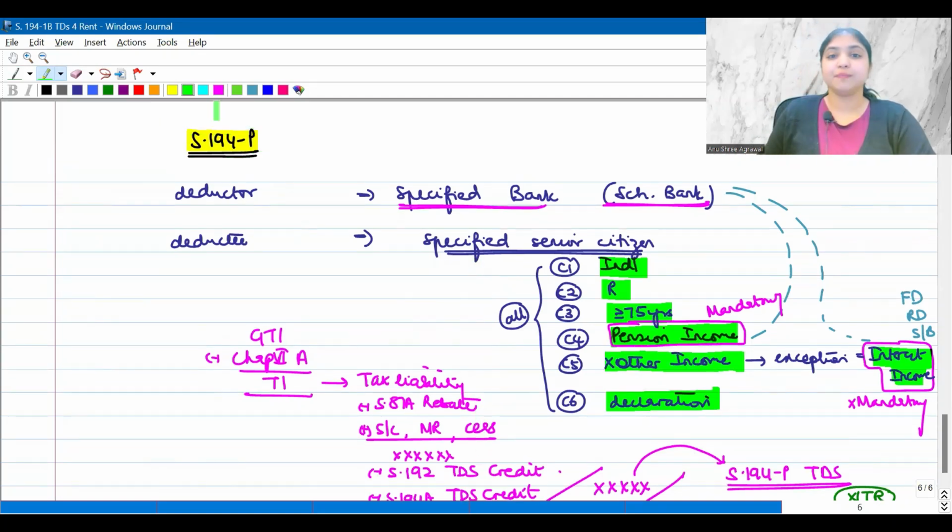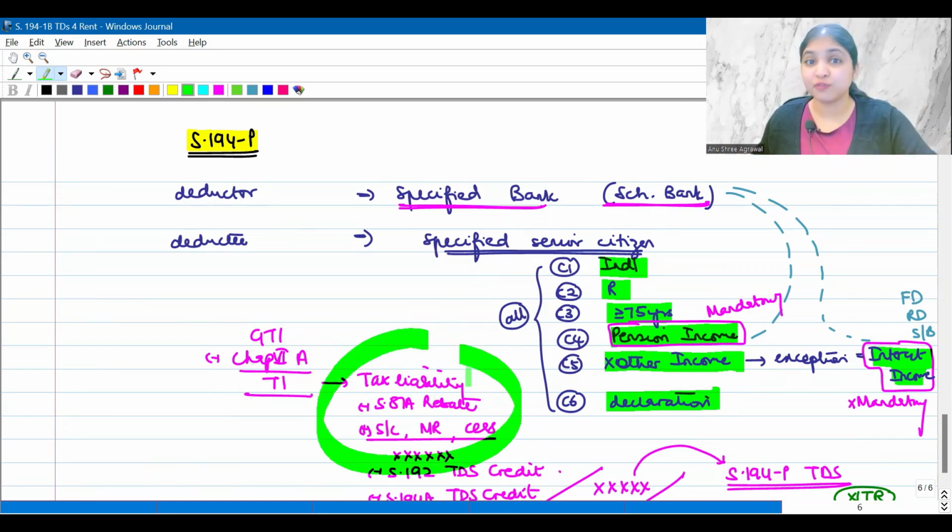Under section 194P, the scheduled bank will compute this person's GTI. The GTI will have only two components, guys, this pension income and this interest income. Then they'll avail chapter 6A deductions, we'll get the total income number. On this total income, tax liability will be computed. The normal usual tax liability calculation will be done.